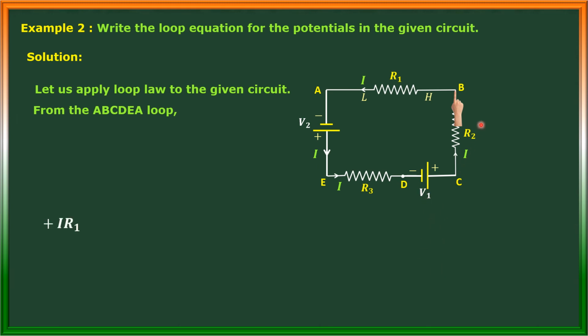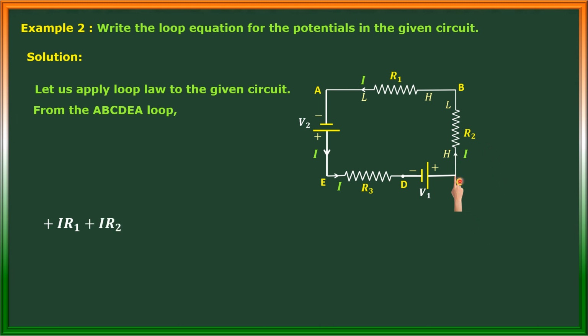Next, I will move from B to C. Current is flowing like this. Okay, so I am moving opposite to the direction of the current. That means here it is lower potential, here it is higher potential. See here. So I have moved from lower to higher potential. That is, potential has increased here. For that reason, I will take the potential difference across the resistor R2 as plus IR2.